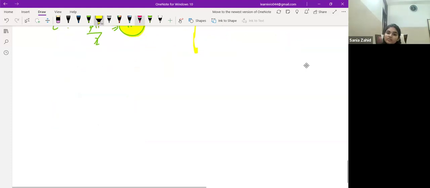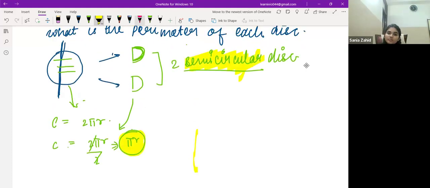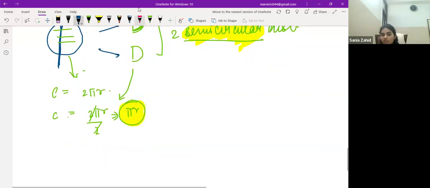And for a fully circular disc, it is 2 pi r. So now here it is a semicircular disc only. So my circumference becomes pi r.